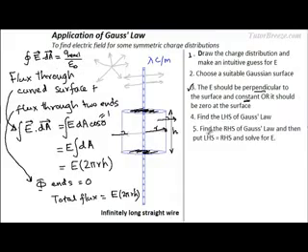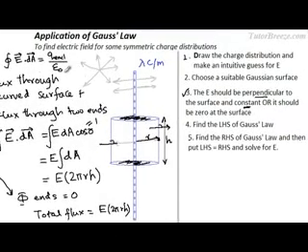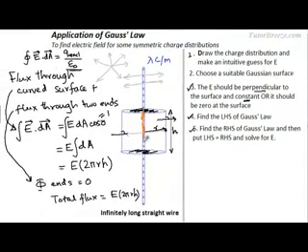Now this brings us to the last step. We need to find the RHS of Gauss's law and then put the LHS equal to the RHS and solve for E. Now the RHS is the charge enclosed. You can see that this is the charge enclosed inside the Gaussian surface.